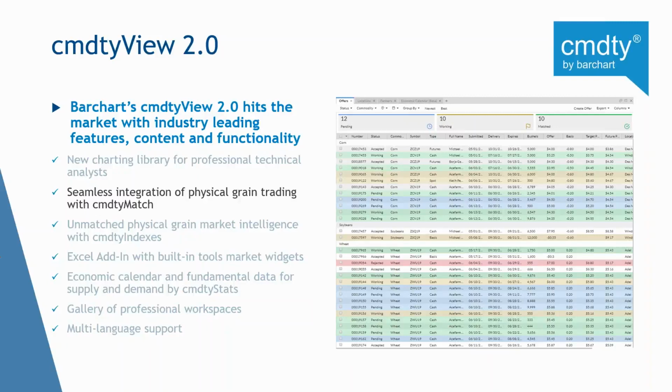Those offers will alert the merchandiser when a price is matched on basis and futures, and the merchandiser can then act on that offer and accept it. It'll be sent to the back office system for contracting.